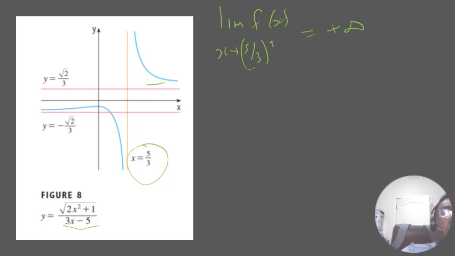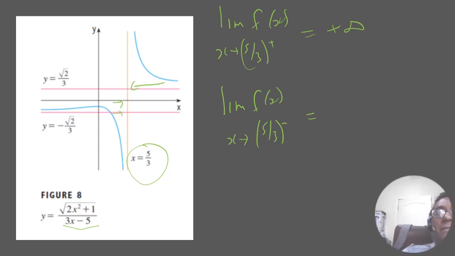Approaching from the other side, it'll be negative infinity. I think it's pretty clear that is the behavior of the function. From the left, you clearly see the blue curve shooting down to minus infinity.